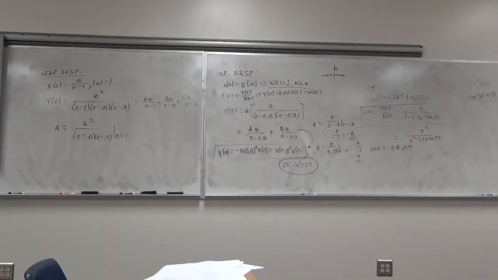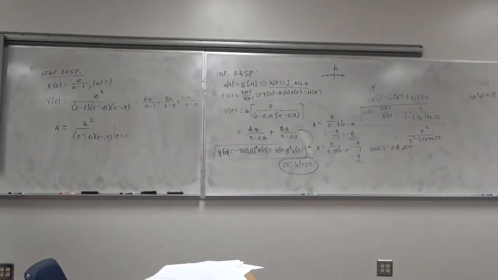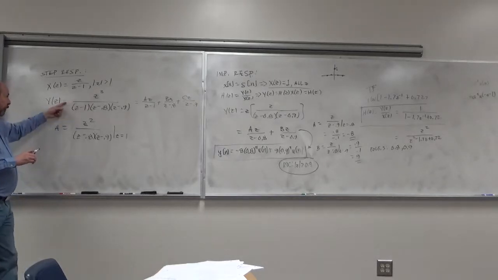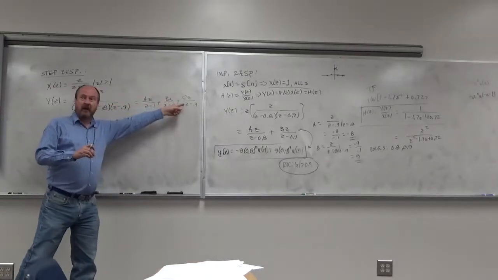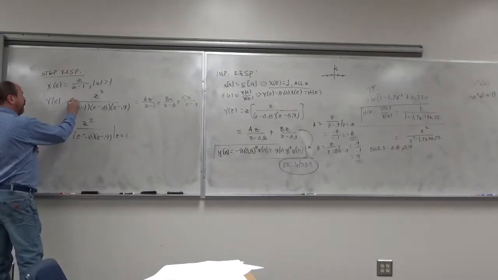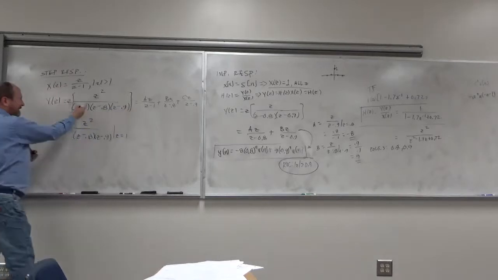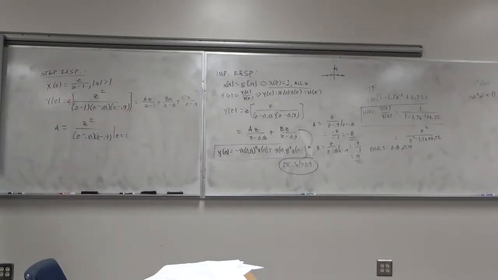Okay? Why do I have a z squared in the numerator? Why don't I have a z cubed? Why don't I have just a 1? Because I pulled one of the z's out to keep in there, and that left z squared. So what I'm really partial fraction expanding is that. I took the z out and then I put it back in.